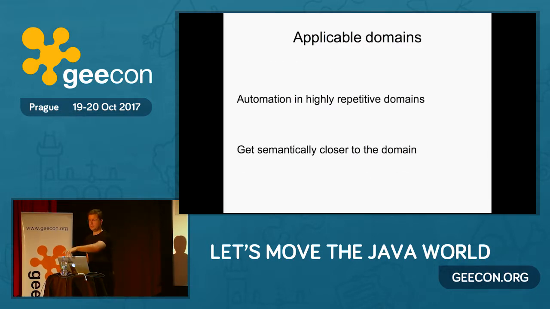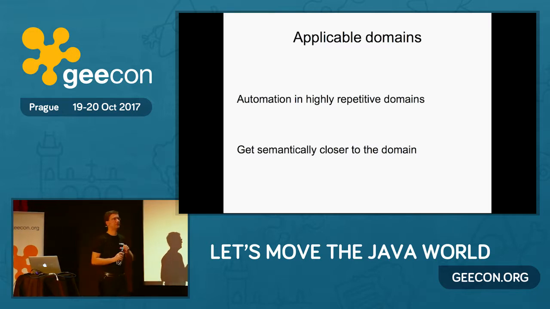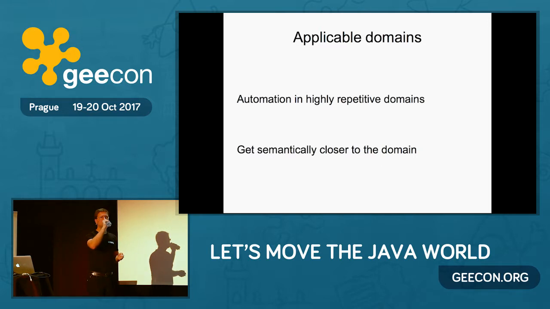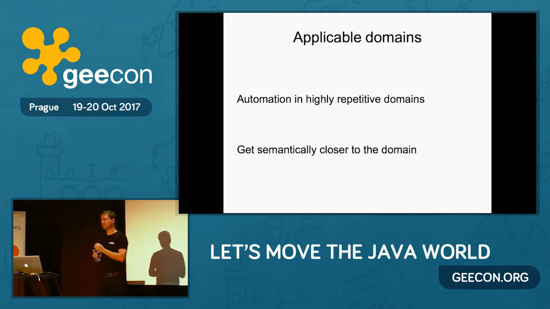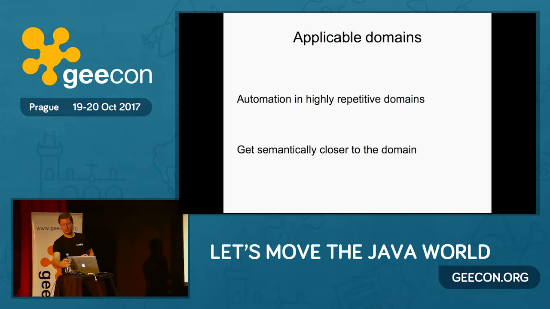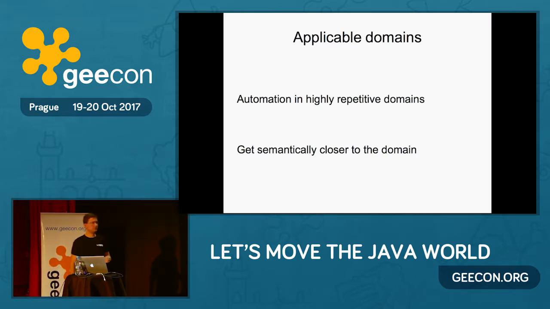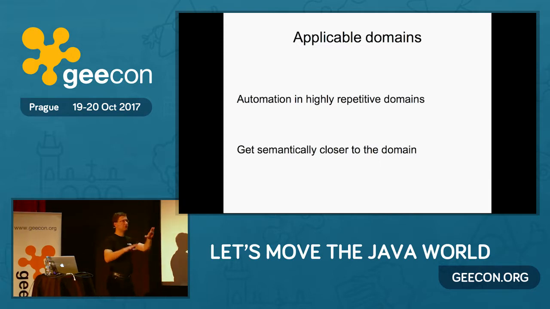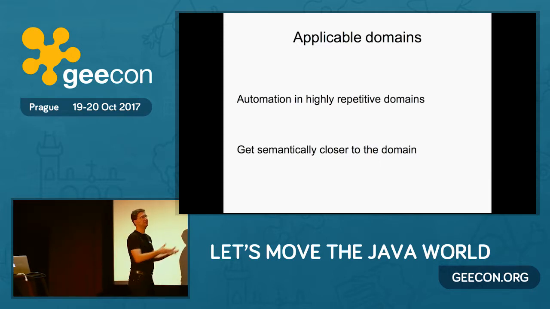So there are basically two domains where this approach matters. This approach gives you an advantage. First, it's a domain where there's a lot of repetition. So you have to change a lot of things in your code base to achieve a certain change.